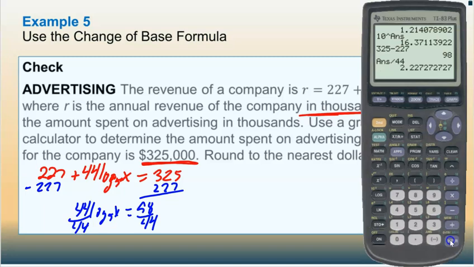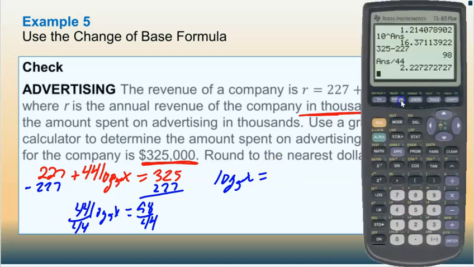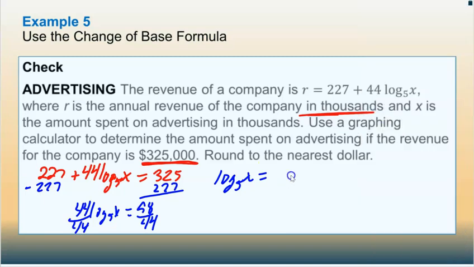Now we have log base 5 of x is going to equal our answer, which we had, 2.2272. So I'm going to make that 2273. Now if I take base 5 and raise that to that power, it gives us our x.